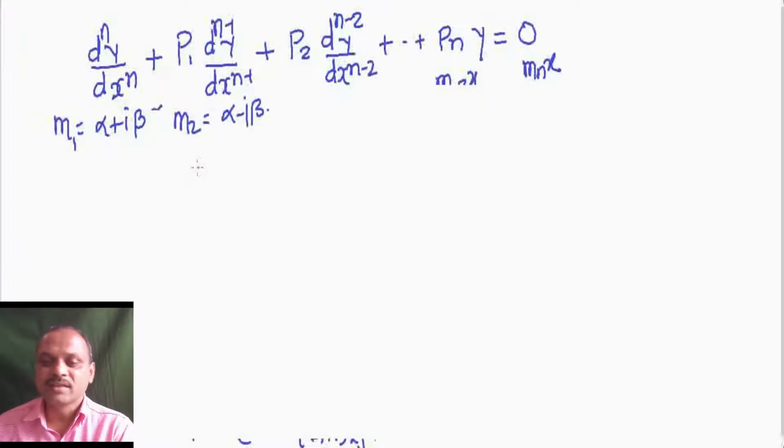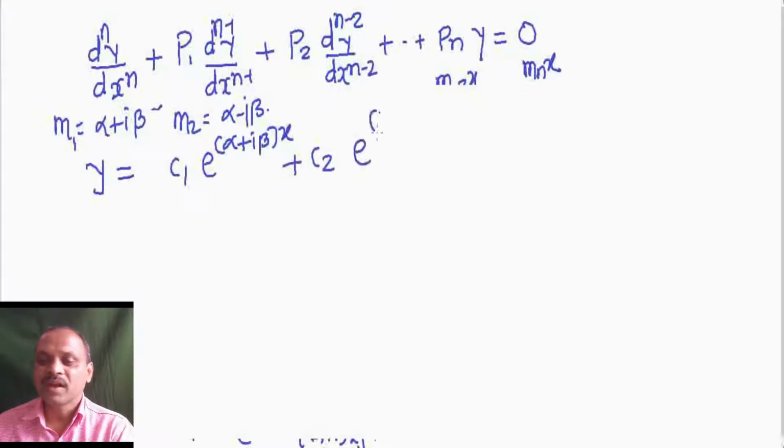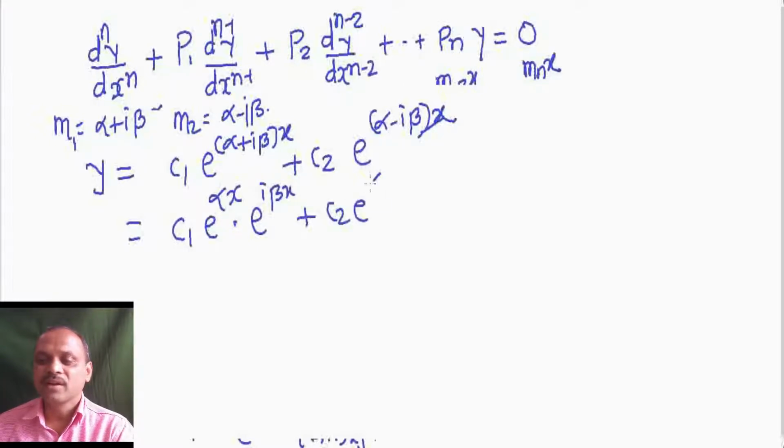Then the solution for these two roots will be c1 e^((alpha + i beta)x) plus c2 e^((alpha - i beta)x). Now here we write it as c1 e^(alpha x) e^(i beta x) plus c2 e^(alpha x) e^(-i beta x).